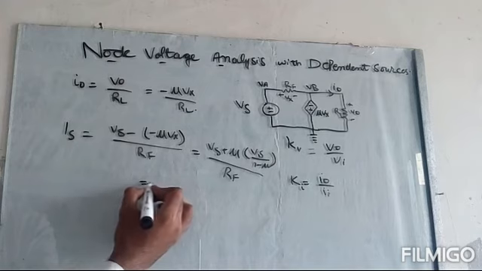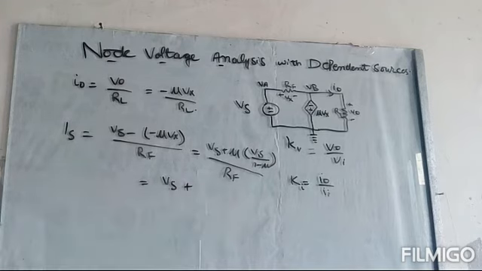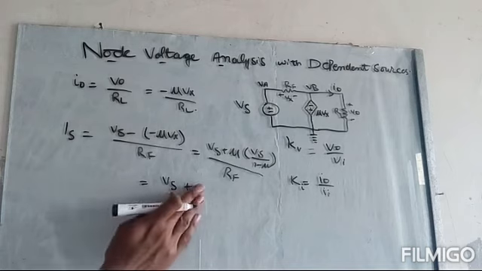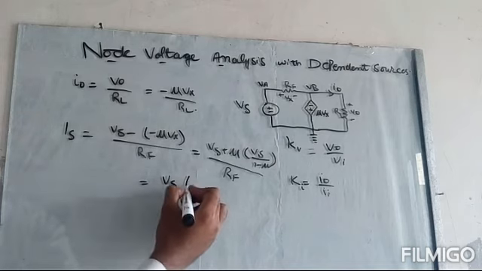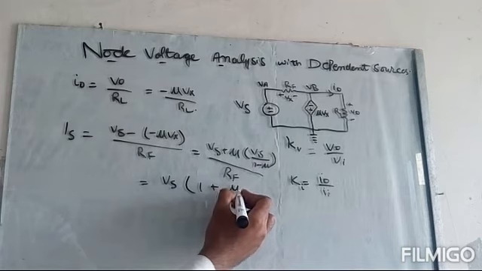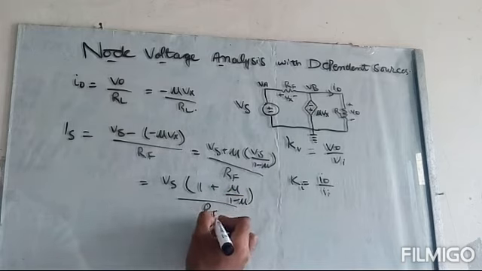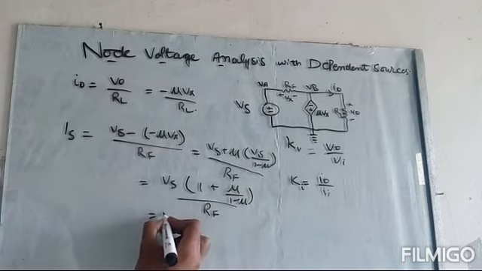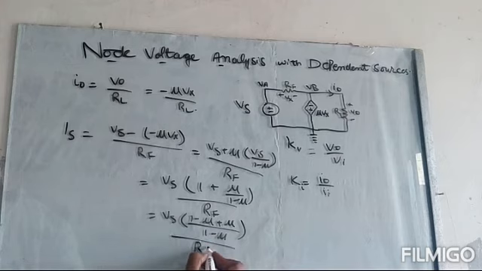So Vs plus, if we take Vs common, inside it will be 1 plus mu over 1 minus mu divided by Rf, and then if we take LCM, Vs into 1 minus mu plus mu divided by Rf.